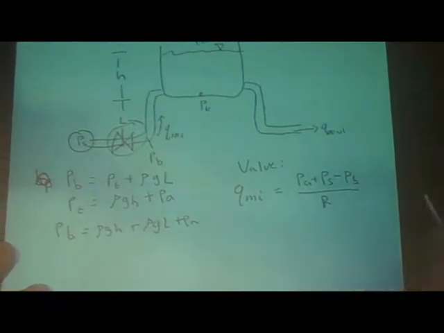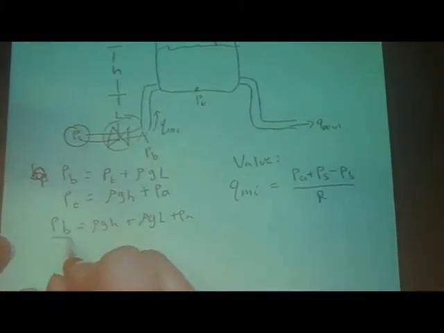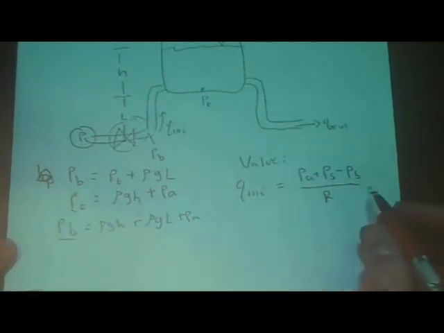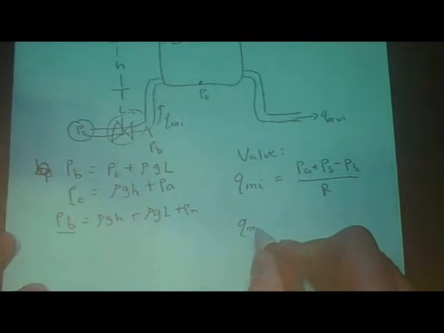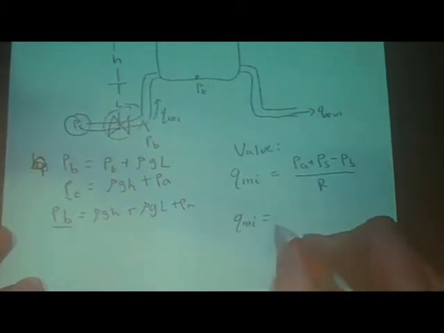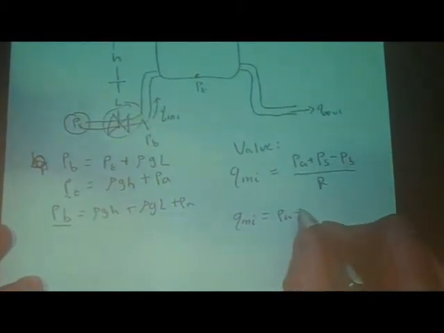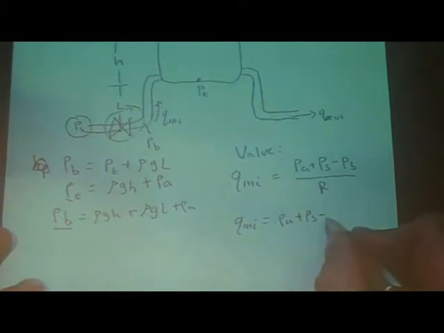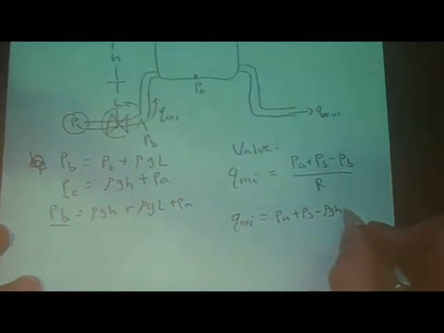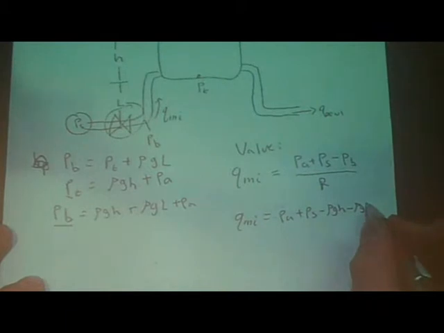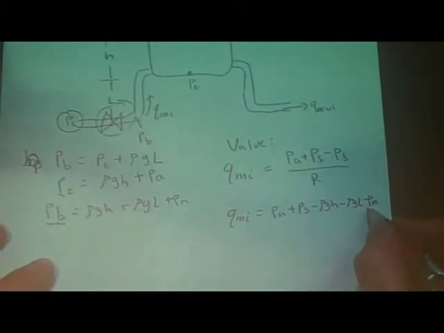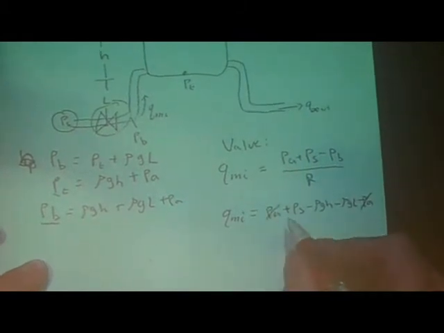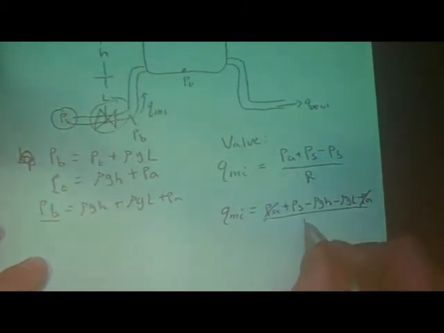So you plug your pressures into the equation and you come up with PA plus PS minus rho GH minus rho GL minus PA. So the plus PA and the minus PA cancel, and all that is over R.